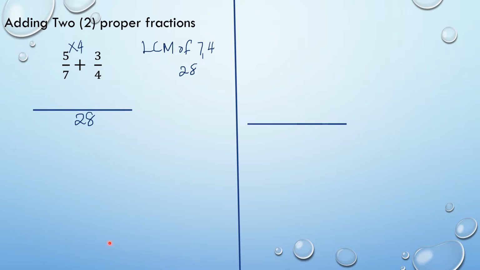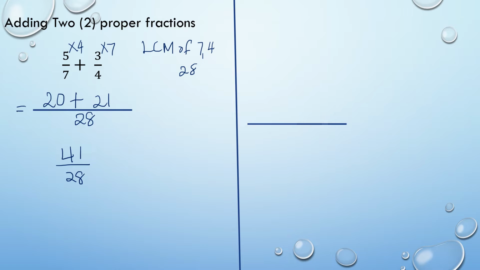We do the same with the second fraction. 4 into 28: how many 4s are in 28? That would be 7, and we multiply it by the numerator. So we get 5 4s are 20 plus 3 7s are 21, and that gives us 41/28.